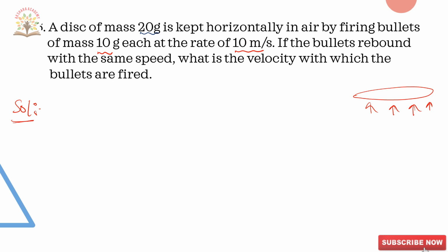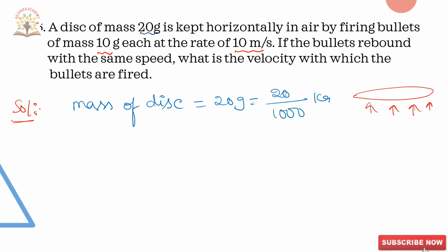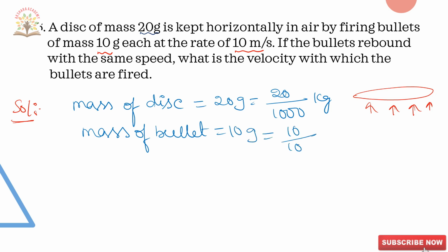Here the mass of the disc is given as 20 grams, converting into kilograms, 20 by 1000 kilograms, and the mass of each bullet is 10 grams, converting into kilograms, 10 by 1000 kilograms.